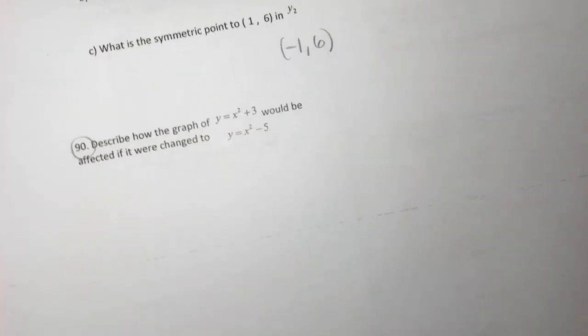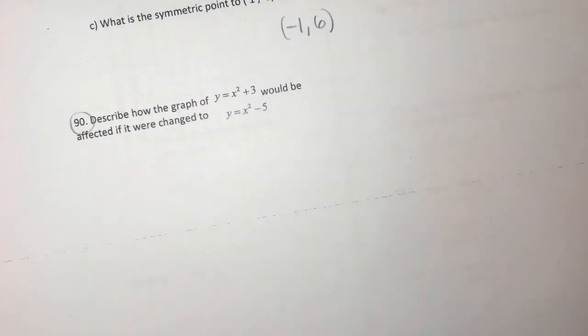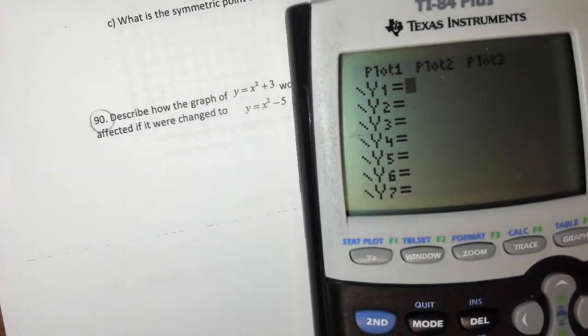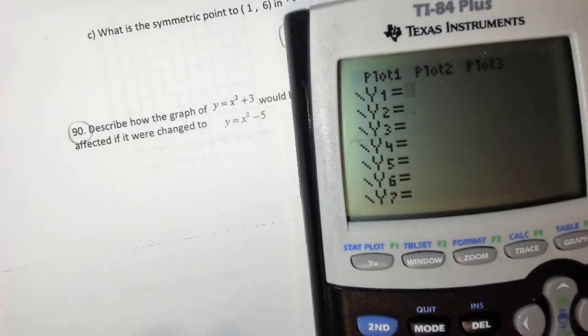And then finally 90, it says describe how the graph y equals x squared plus 3 would be affected if it were changed to y equals x squared minus 5. Any time that it gives you something like this, you want to just simply go ahead and graph it on your calculator and look at the graph.